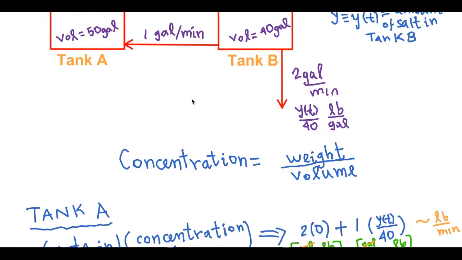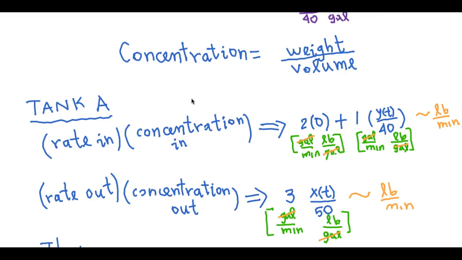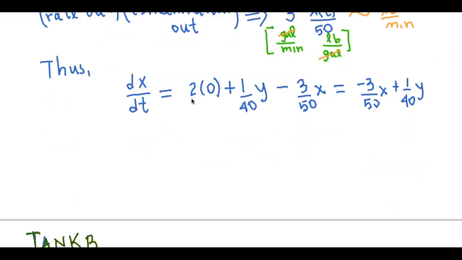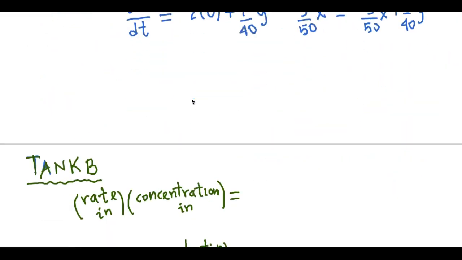So we have to scale that, and we write: rate in would be given by 3, and then we multiply that by the concentration. It's coming from tank A, so we have the weight in pounds x of t divided by the volume, which is 50 gallons. So the units work exactly as expected.